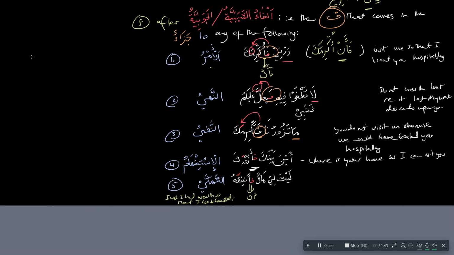Okay, and then 6 I have to squeeze in here, otherwise it will look kind of odd, right? 6, al-ard. Okay, example. Ala tanzilu bina. Okay, this is going to be interesting.